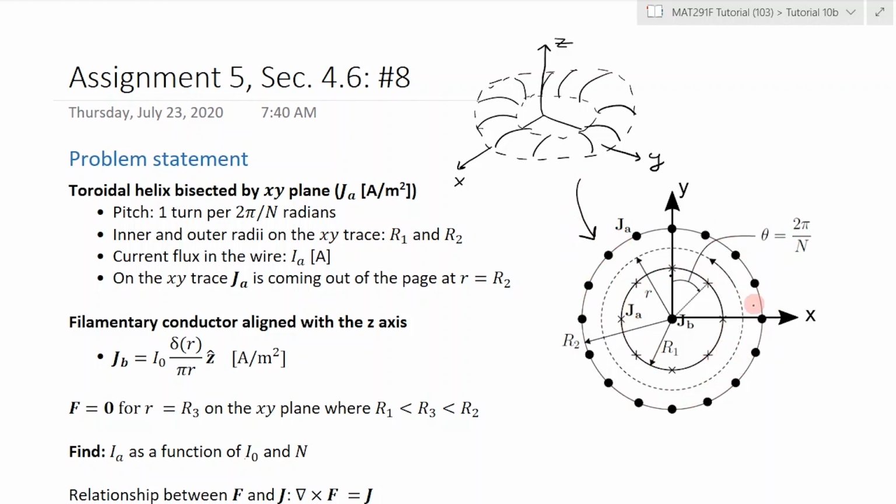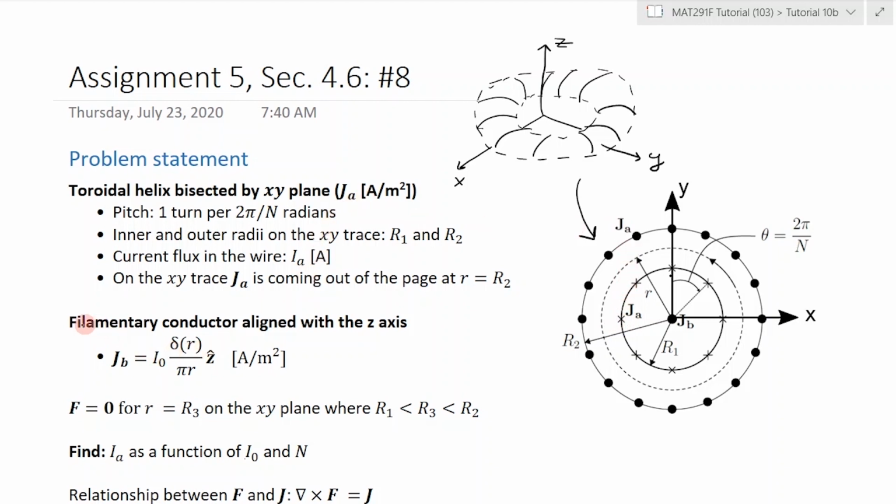So you have 2 rings where the wires are piercing the xy plane. The inner radius is R1, the outer radius is R2. The current in the wire is IA, and it's measured in amps. And you're also given that when you look at the XY trace, the current density is coming out of the page on the outer ring, so at R equals R2. And then on the inner ring, it's going to go into the page.